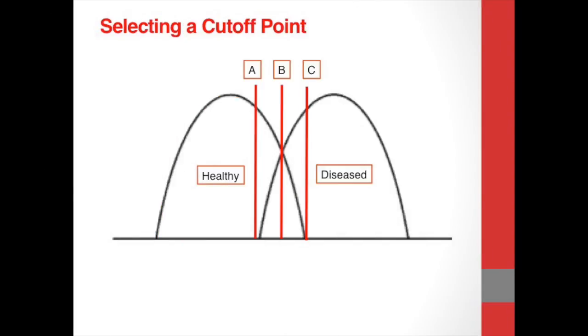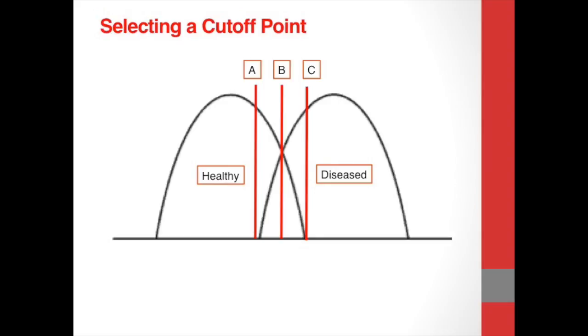Sensitivity and specificity are influenced by the cutoff point that we select to determine positive results. We will use three different scenarios to illustrate the changes that occur in sensitivity and specificity, with resultant changes in the proportion of false negatives and false positives, depending on the cutoff point that we choose.